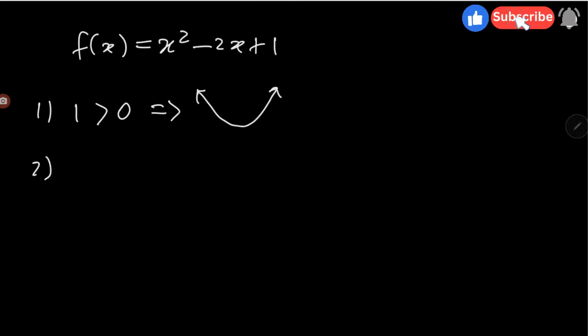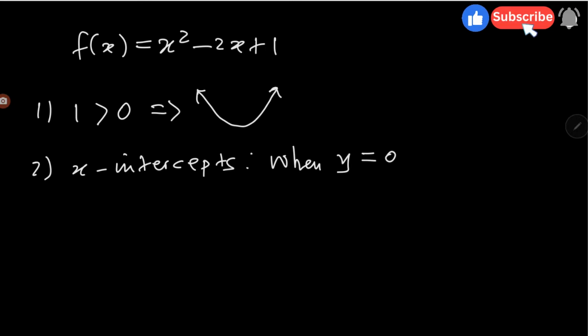and then x-intercepts, we find these when our y value is equal to 0. So we'll have x squared minus 2x plus 1 equal to 0.